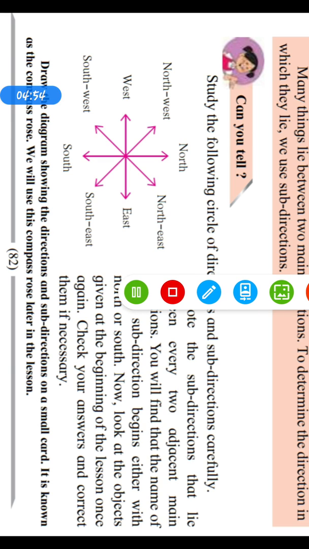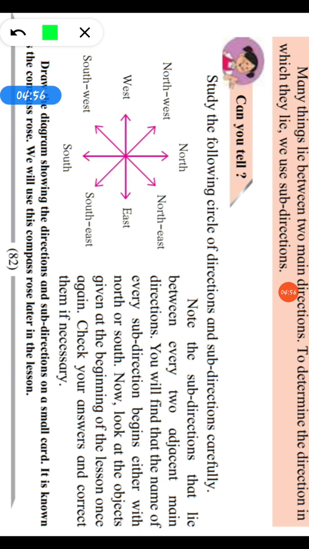For example, between north and east there is a subdirection called northeast. Adjacent means next to or near to. So a subdirection is just next to or near the main directions. You will find that the names of every subdirection begin with north or south.